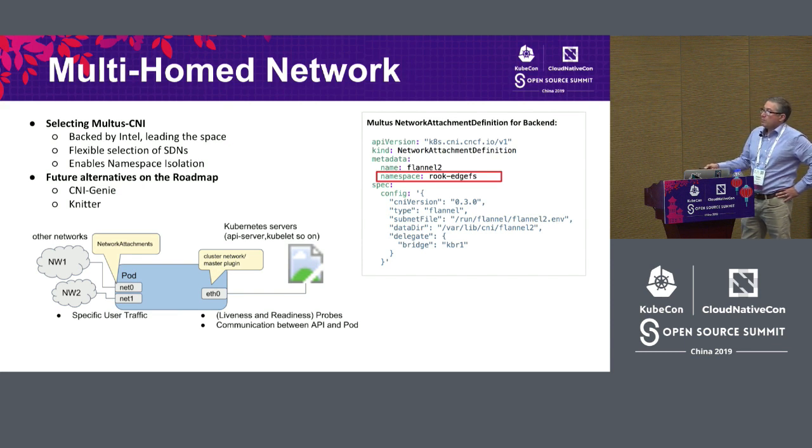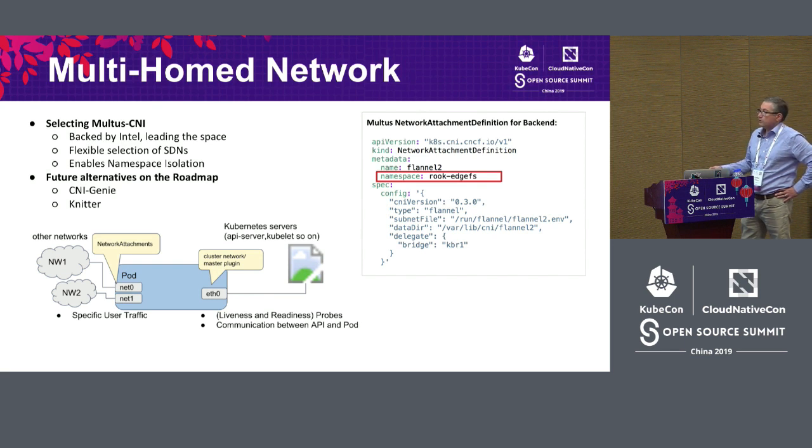We selected Multus CNI for very practical reasons, really. It's essentially just the first CNI orchestration we selected. We're going to be adding CNI-Genie and Knitter later. But ultimately, why Multus CNI? Because it's backed by Intel, and we know that as far as networking, Intel is probably leading the space, so it makes sense to select Multus CNI. It's a flexible selection of SDNs.